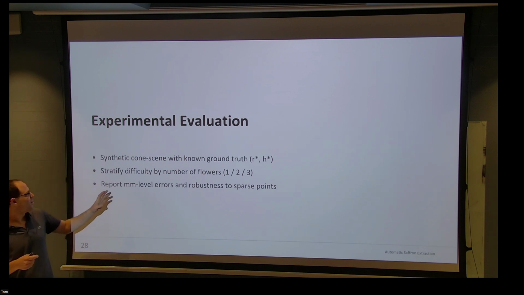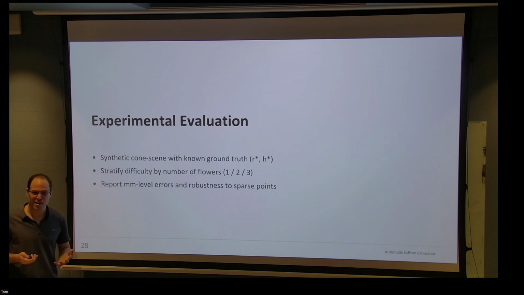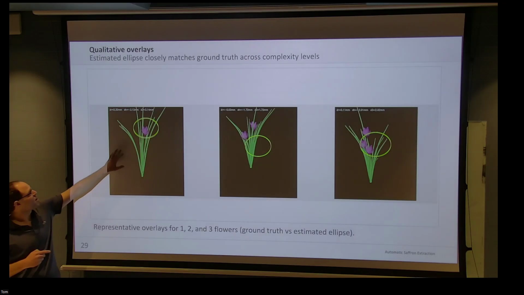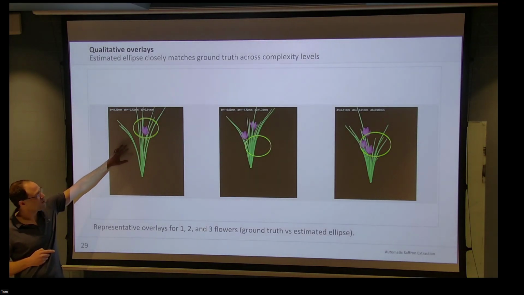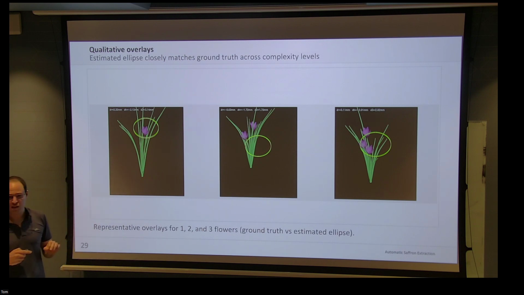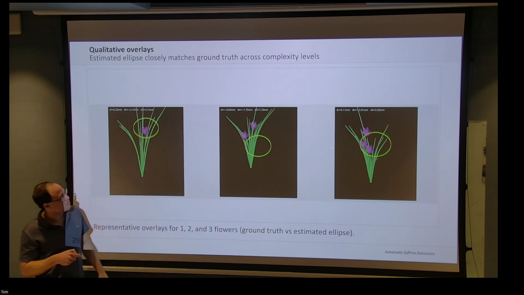And then we want to see our error at the millimeter level, to see that we are in the range that we need for this project. So here is one plant, one flower per plant. One ellipse is the ground truth, and the second one is the estimated. And here we have it for 2 flowers, and another one for 3 as well.